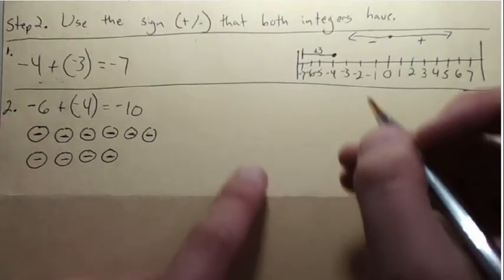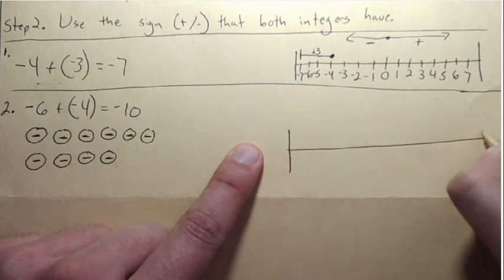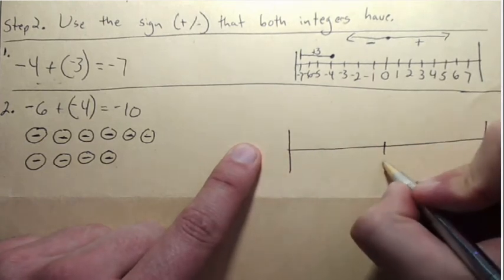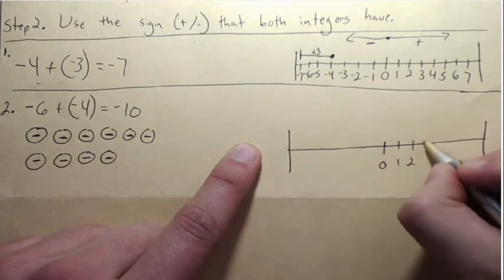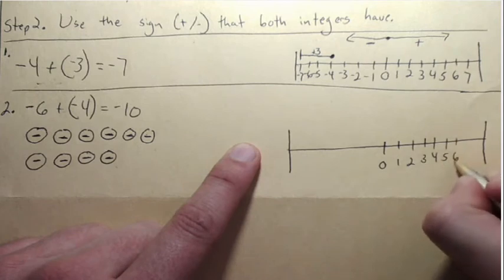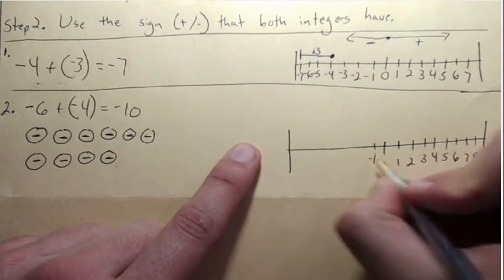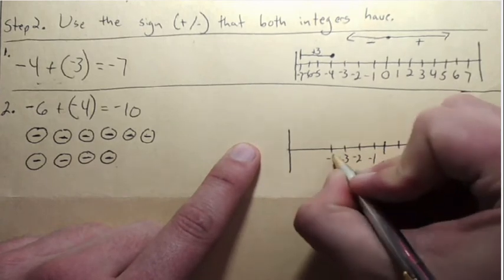Okay, and then we're going to do the same thing for question number 2. So we first need to draw our number line. Remember, our positive numbers go on the right. And our negative numbers go on the left.